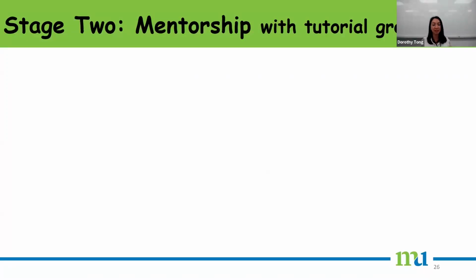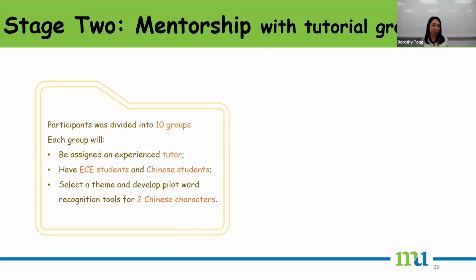Okay, the next one is stage 2. As I said, the students were divided into 10 groups, each led by an experienced tutor. I recruited a few tutors to lead these 10 groups. They have backgrounds in early child education, in Chinese, and in design in general.